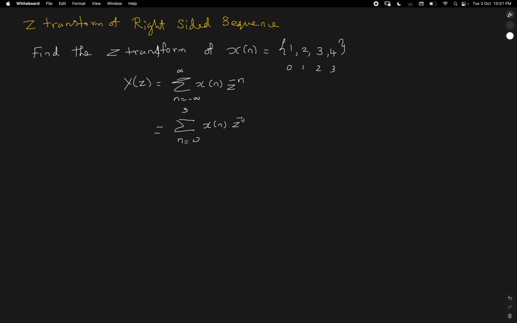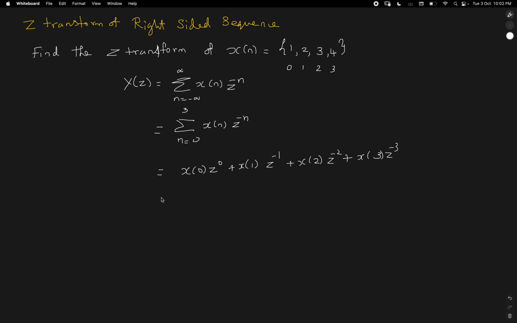Substituting the values of n, this equation becomes x of 0 z power 0 plus x of 1 z power minus 1 plus x of 2 z power minus 2 plus x of 3 z power minus 3.